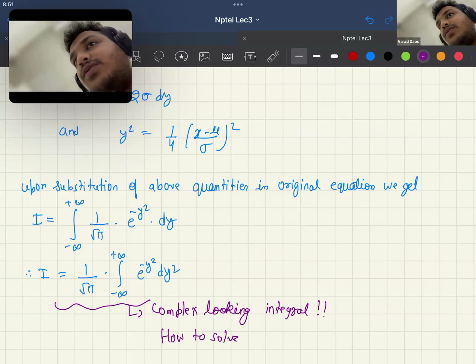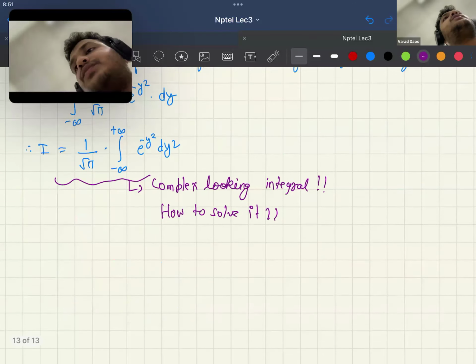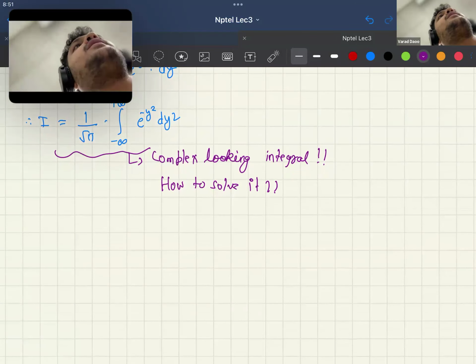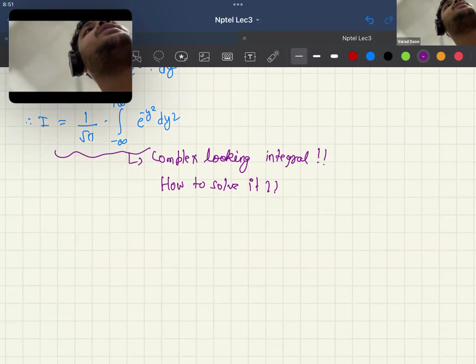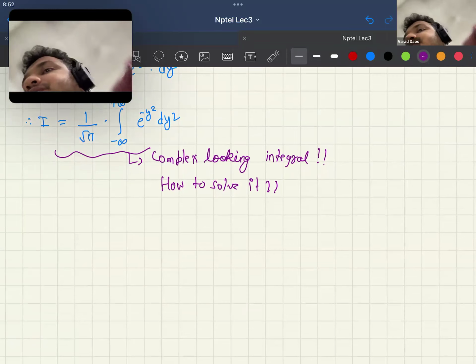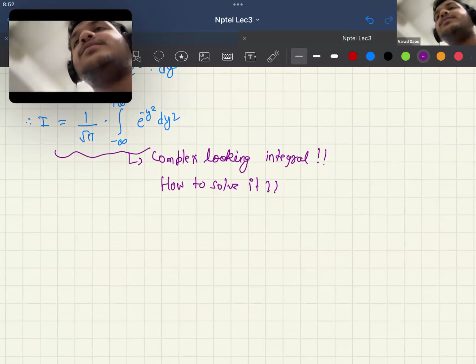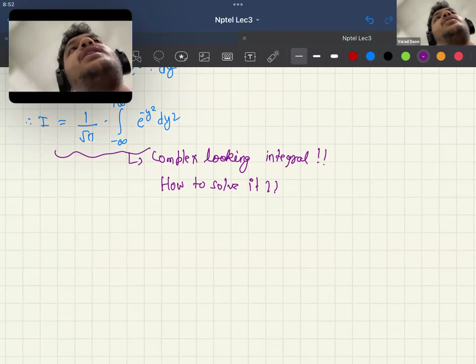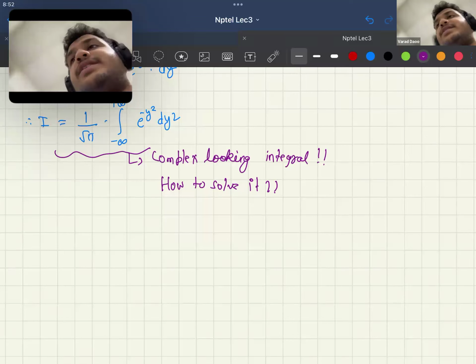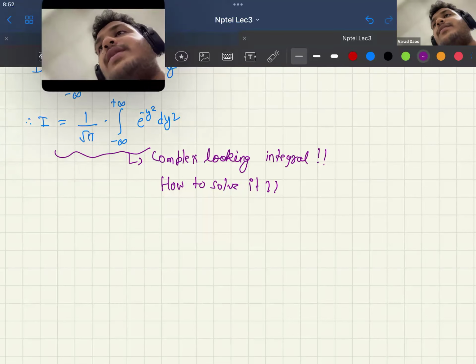How to solve it? Anybody has any thoughts on this? So what we basically use is polar coordinates. But before that, okay.